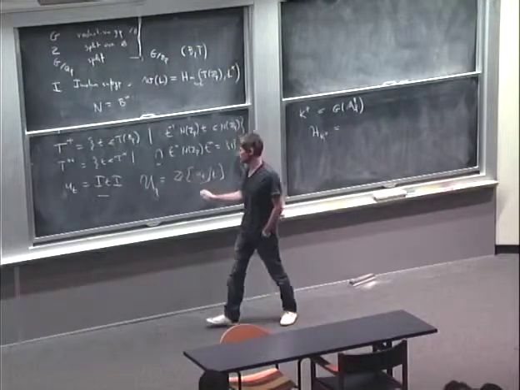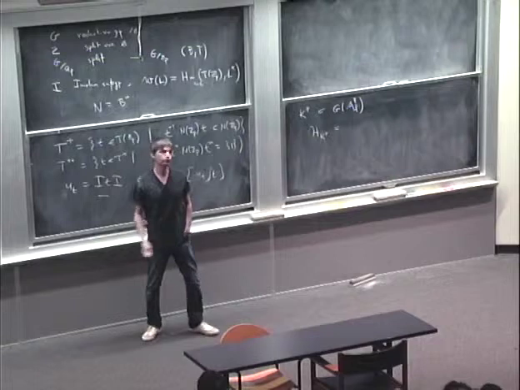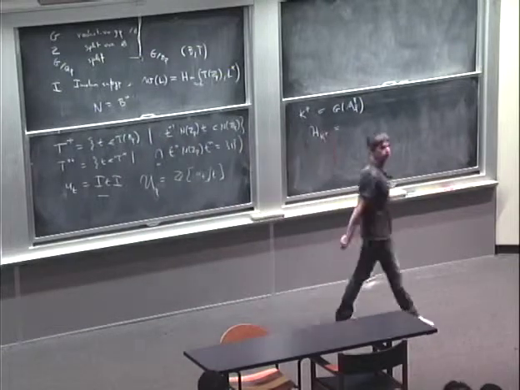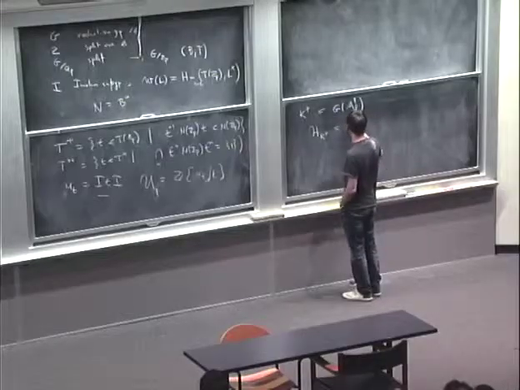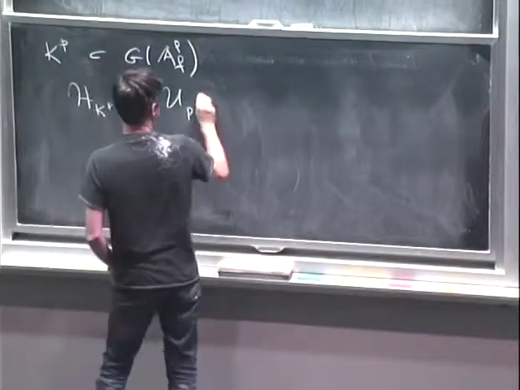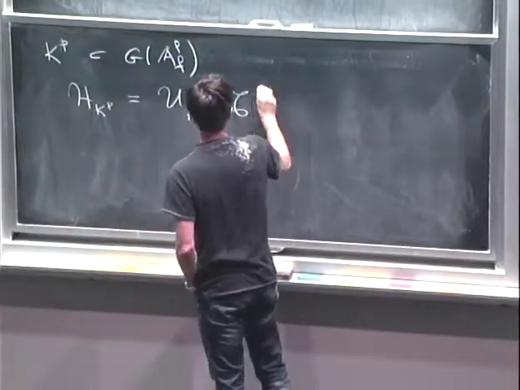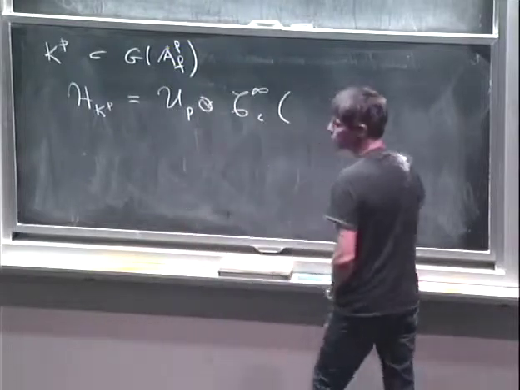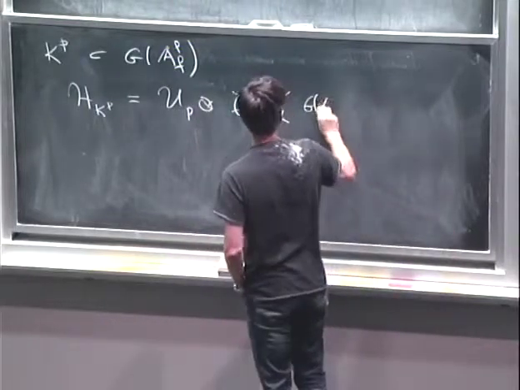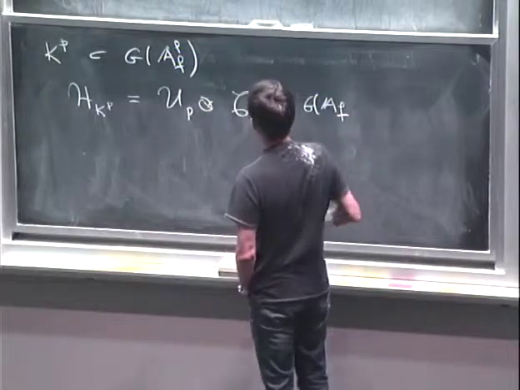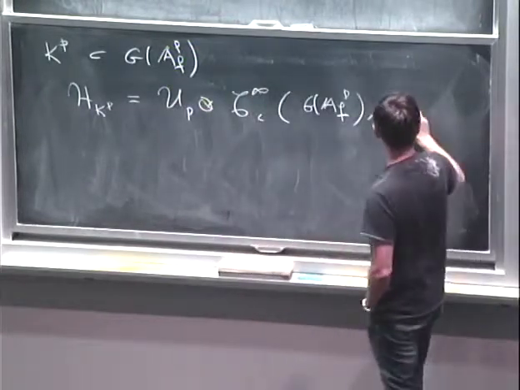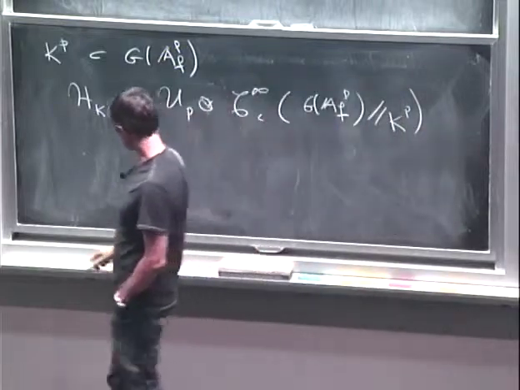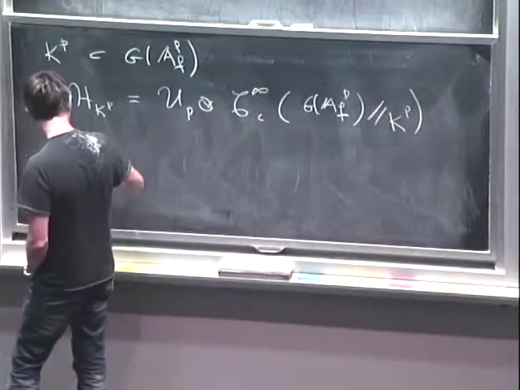This is a commutative algebra. It's not difficult to see that if you compose U_t and U_t', then this is U_{t t'}. Then you consider this Hecke algebra, U_p tensor the compactly supported functions on G(A_F) away from p, which are bi-invariant by K^p.